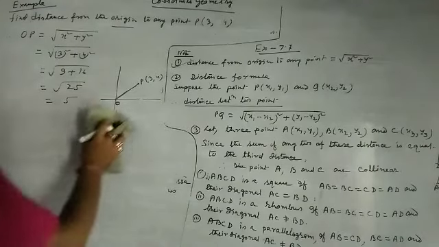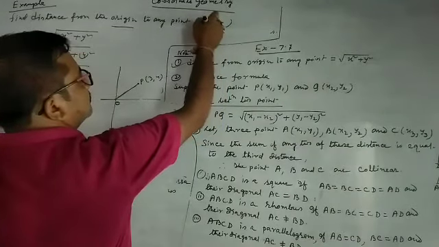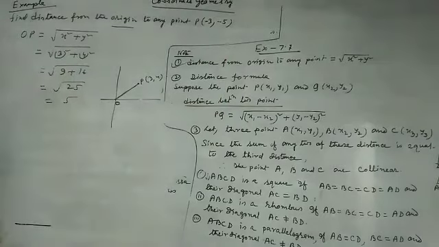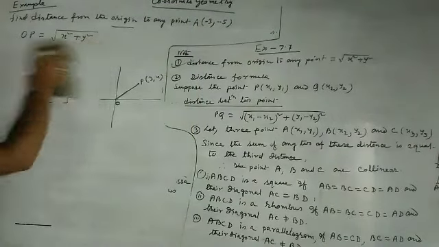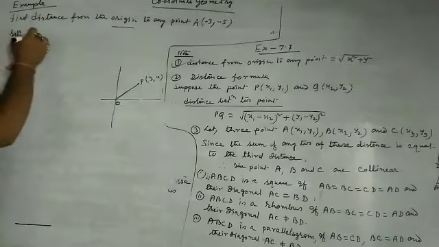Okay. Now we take another question. The point is (-3, -5). Find the distance from the origin to the point, suppose A. How to find? Again, solution.